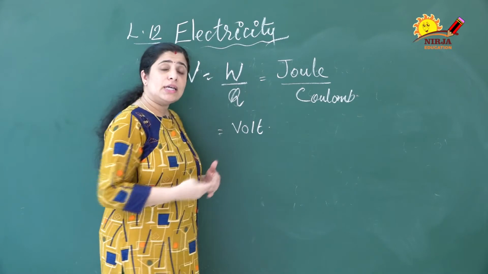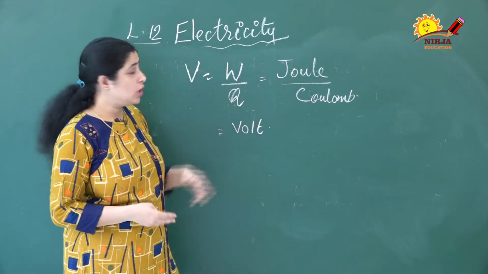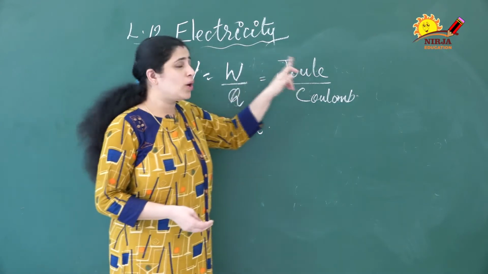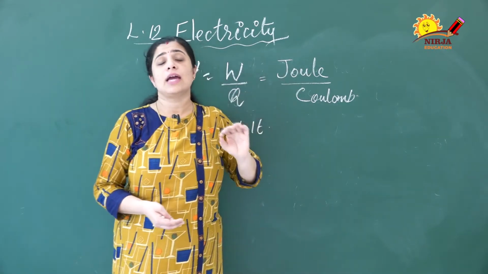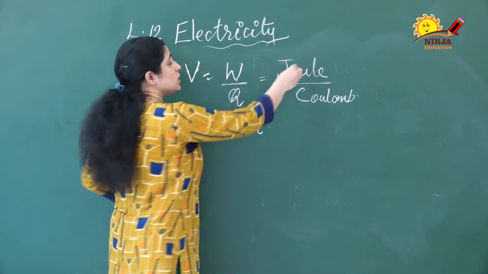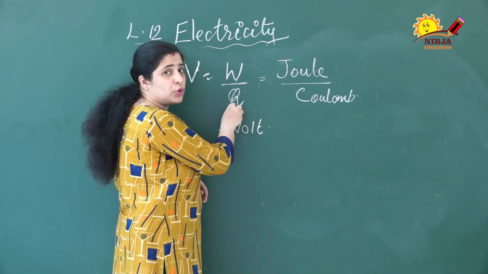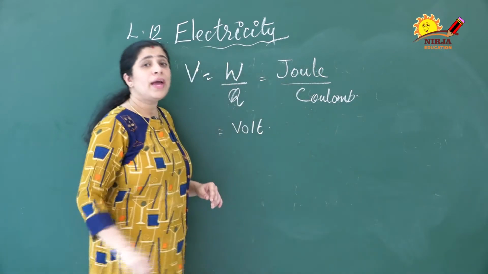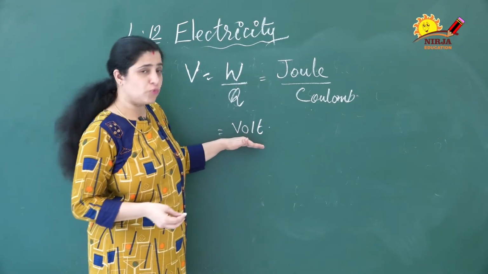What will be the SI unit of this electric potential? You know that W is work done, and the SI unit is joule. Already I have discussed that it can be taken as the energy. So the SI unit of energy is joule, and the SI unit of Q is coulomb. So we can write it as joule per coulomb, otherwise we can call it volt.